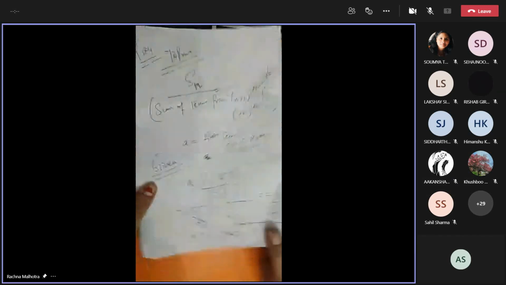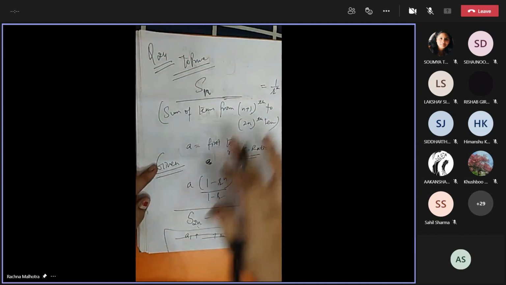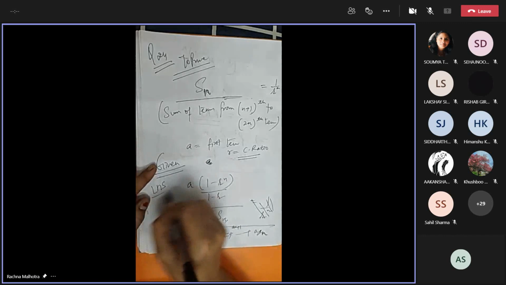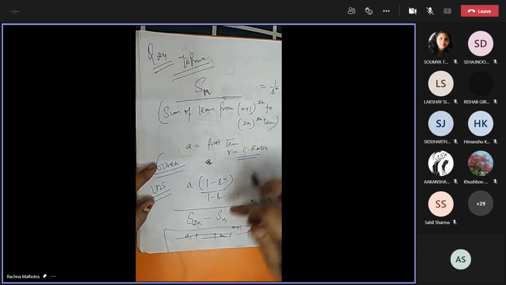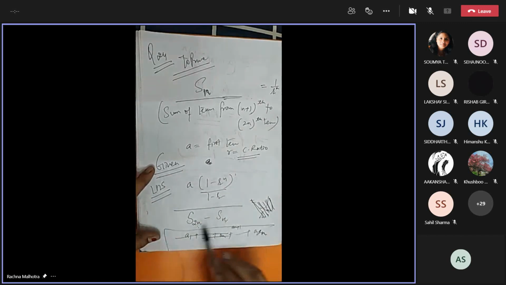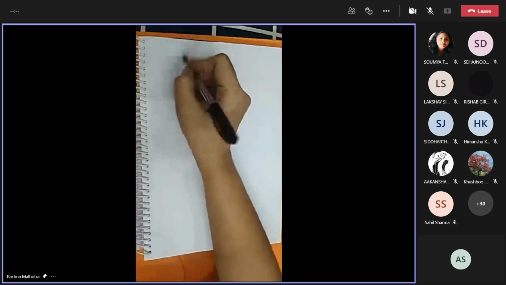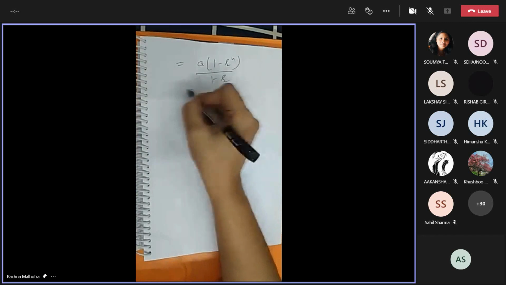Now we just have to prove it. We were solving for the LHS, and this is what is to be proved. This is the LHS, so we have substituted it easily. Now we will write it out. So you can see this is a multiplied by 1 minus r to the power n by 1 minus r, over the S2n term.